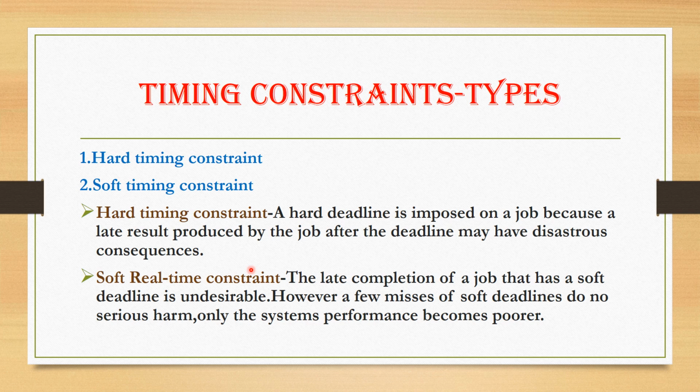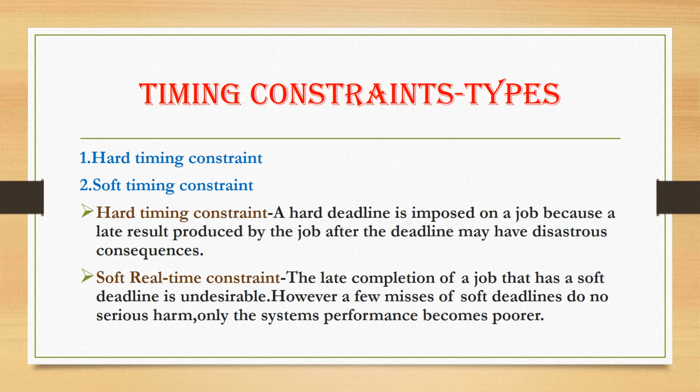If we go for a soft timing constraint, here if the job doesn't complete within the deadline, or takes some more time than the deadline, there will not be much consequence. For the hard timing constraint, take the example of a boiler.